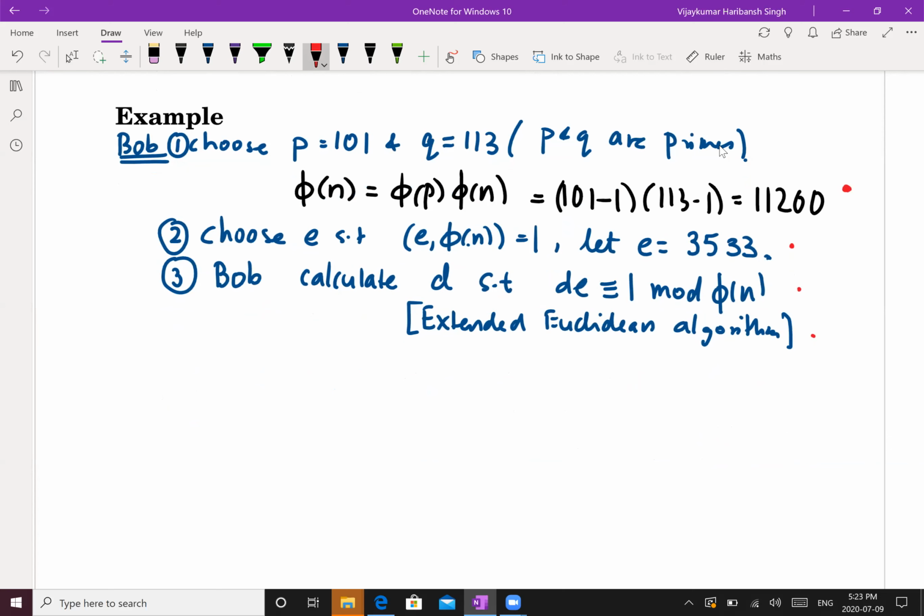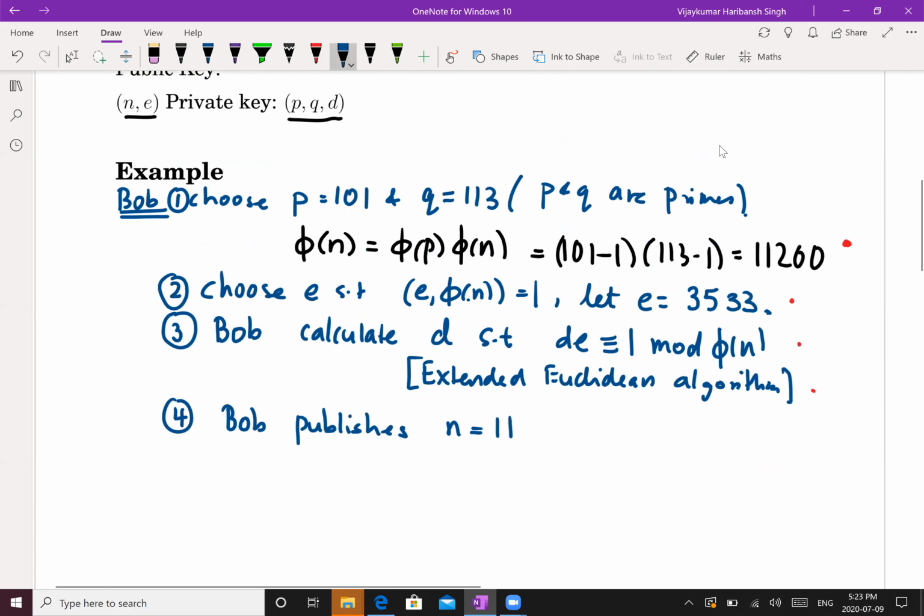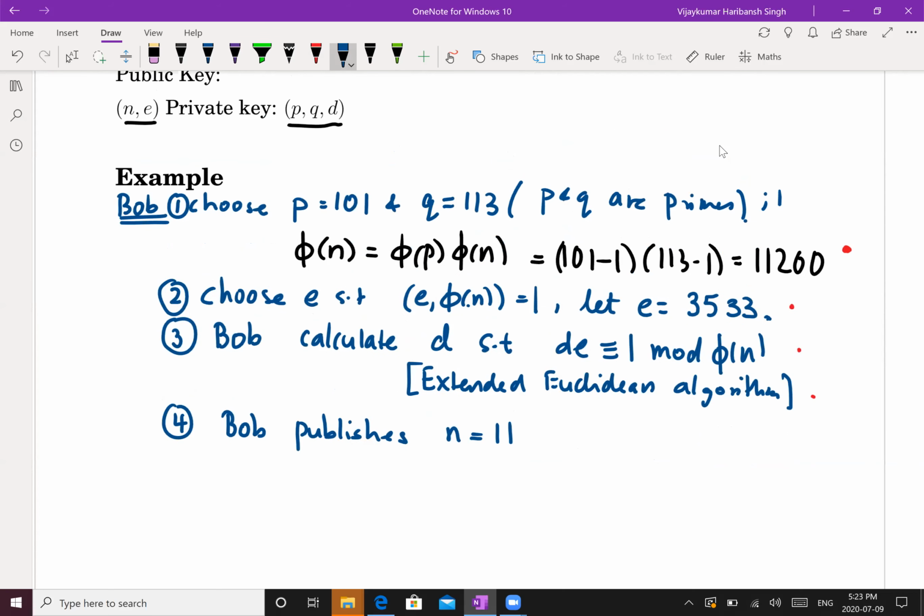Then Bob publishes N. So what is N here? N was the product of P and Q. So N is PQ, which is 11413.